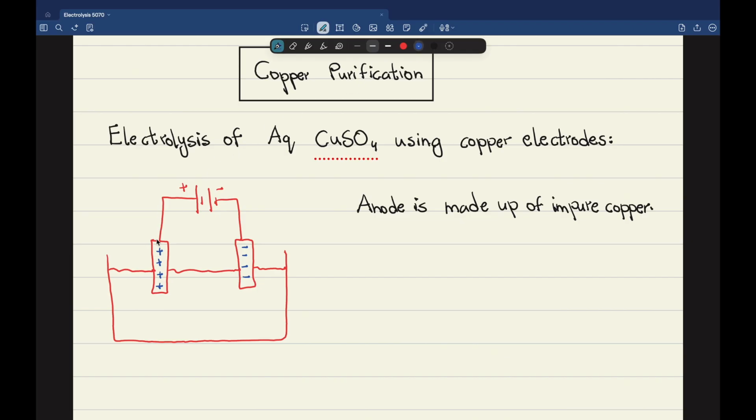Let me mark it there as well. This is impure copper, right? And what happens is the cathode, the negative terminal is made up of pure copper. ठीक है. अब इस केस में there is no graphite, there is no platinum. ठीक है.